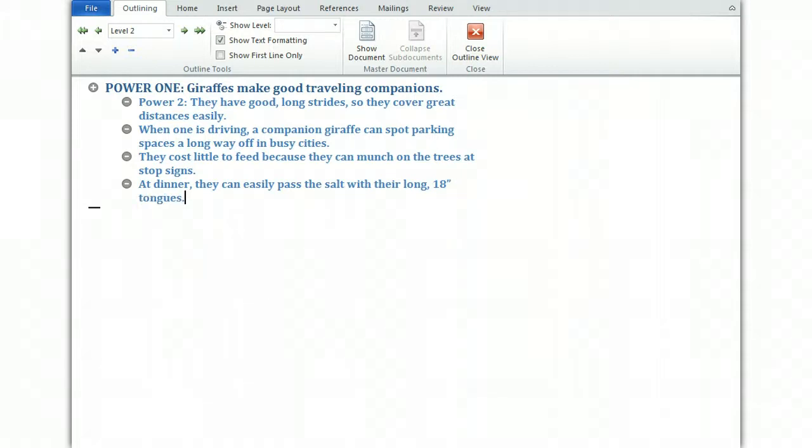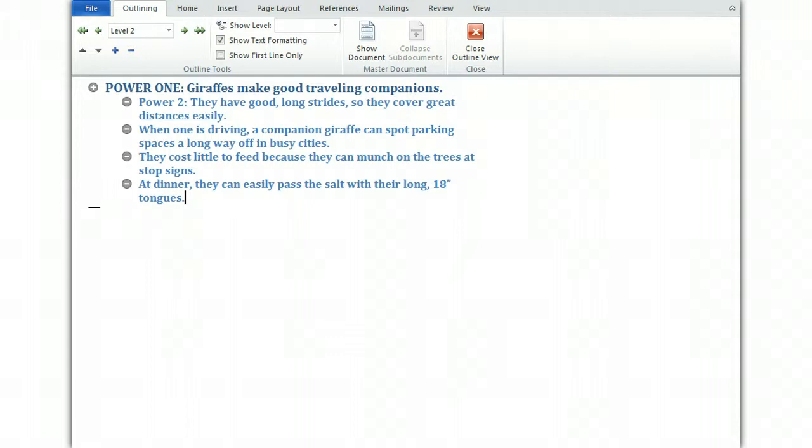That's 4 reasons why giraffes make good traveling companions. That's a lot. But we still do not have a well-developed paragraph because we need more details about each of the Power 2 sentences in order to further explain or persuade a person to understand what we're saying.